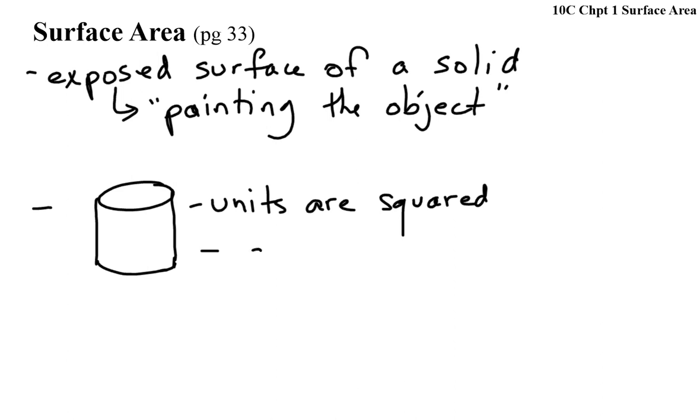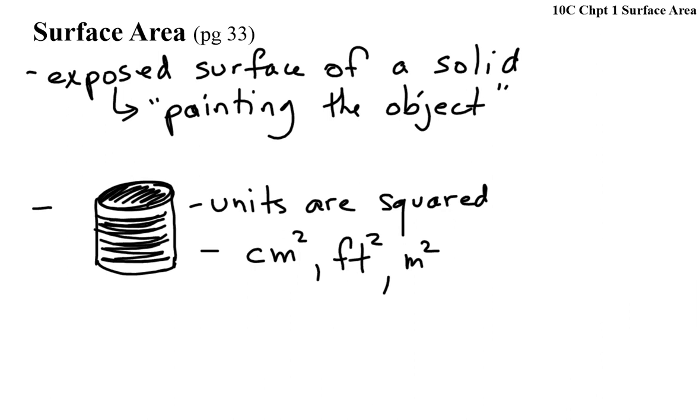The reason being it's centimeters squared or feet squared or meters squared is because we're covering the object. It's the flat surfaces that would receive the paint. And so flat surfaces are squared dimensions. So make sure you understand that.